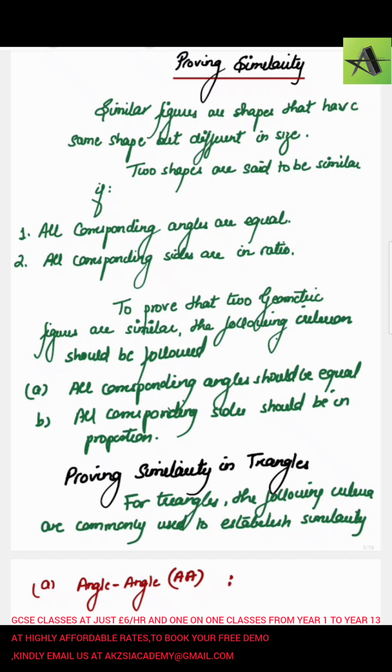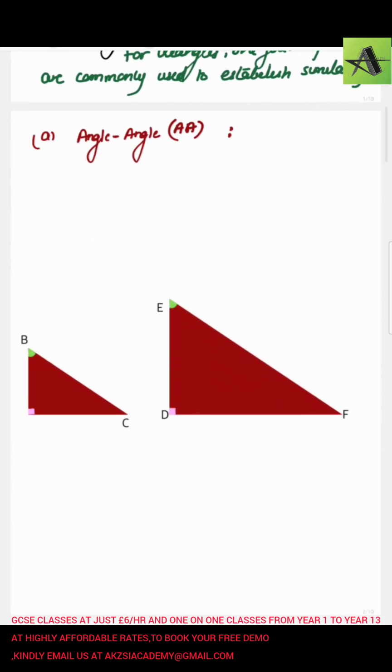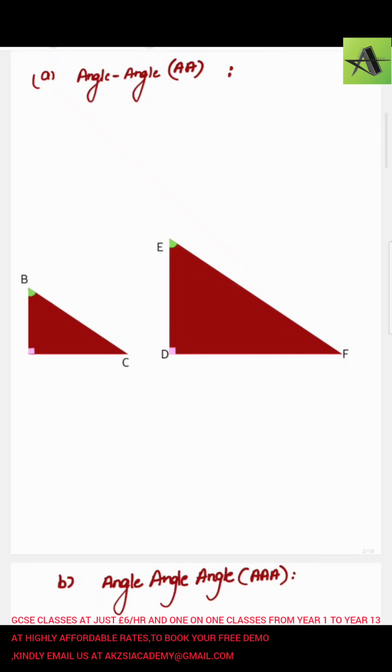Now, if I talk specifically about proving similarity in triangles, there are certain rules by which we can prove two triangles are similar triangles. The first one is angle. That means if you are able to prove two corresponding angles equal, you can prove that the two figures are similar.